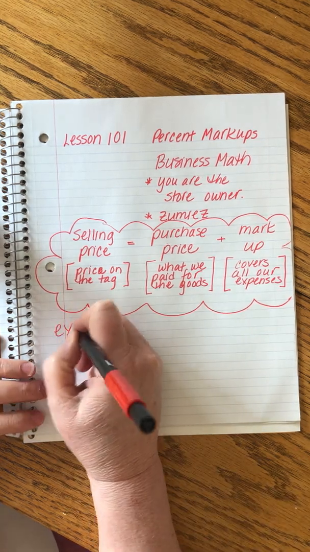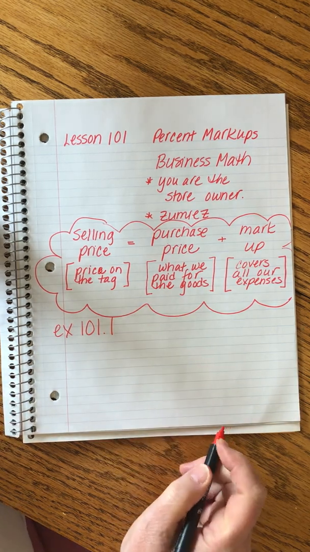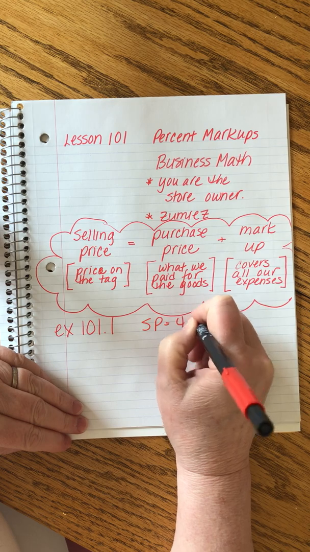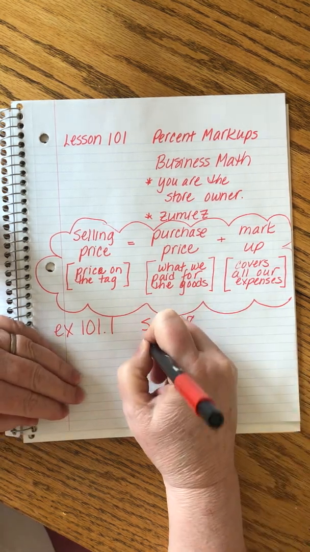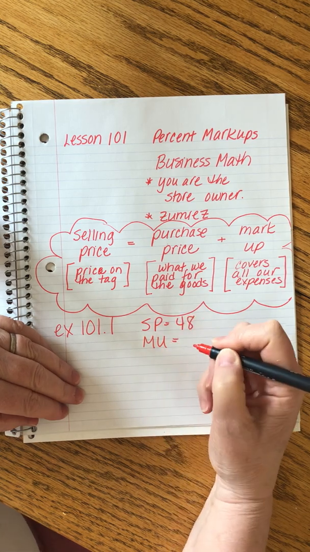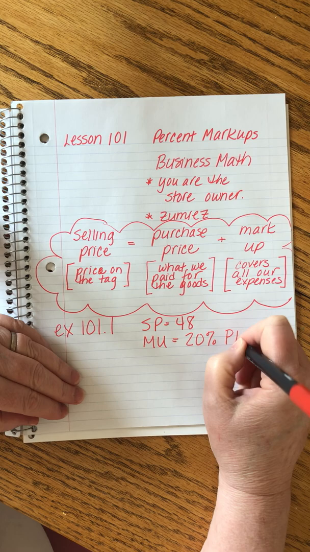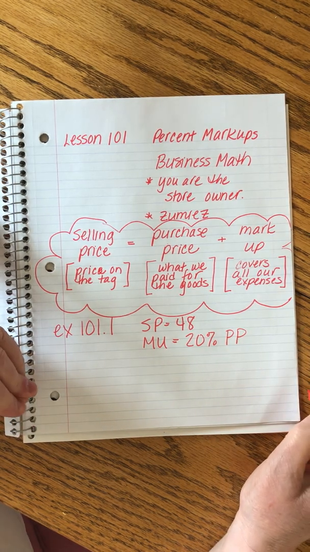Example 101.1. The selling price was $48. SP equals $48. If the markup is 20% of the purchase price, what was the purchase price and what was the markup?